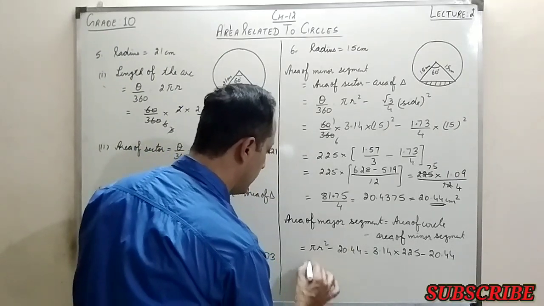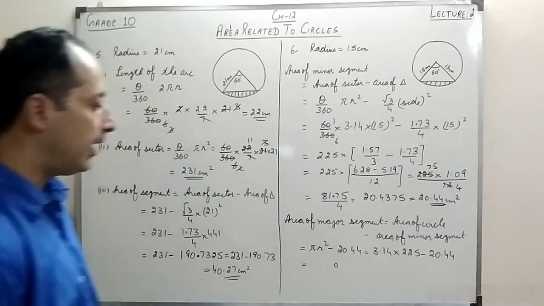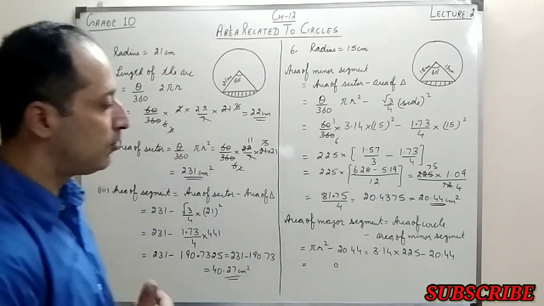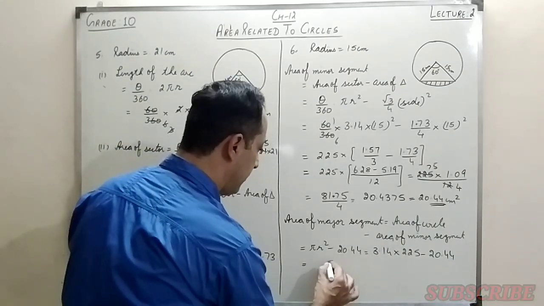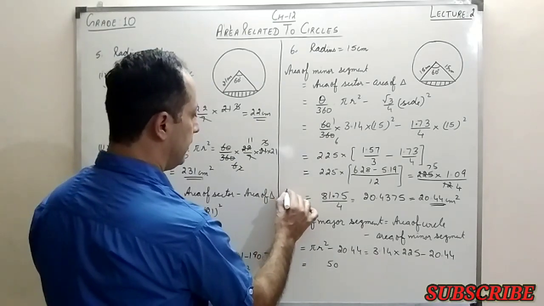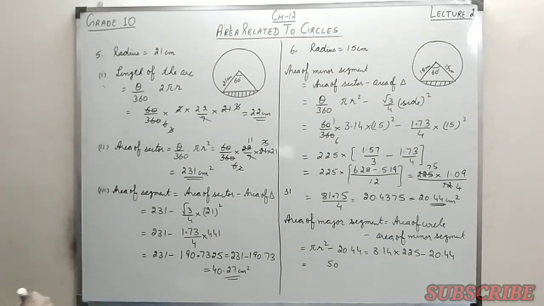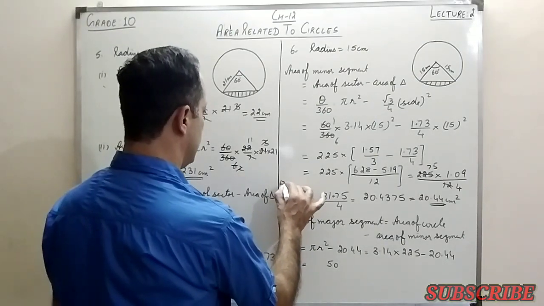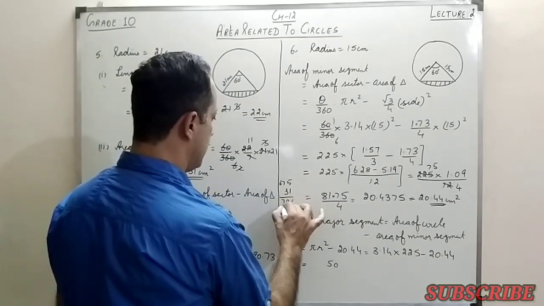225 into 4 is 900. So we have 0 and we have 90 carry. So 225 into 1 is 225 plus 90, it becomes 315. So we will just write 5, and 31 is carry. Now 225 into 3 will be 675, plus 31, we get 706.